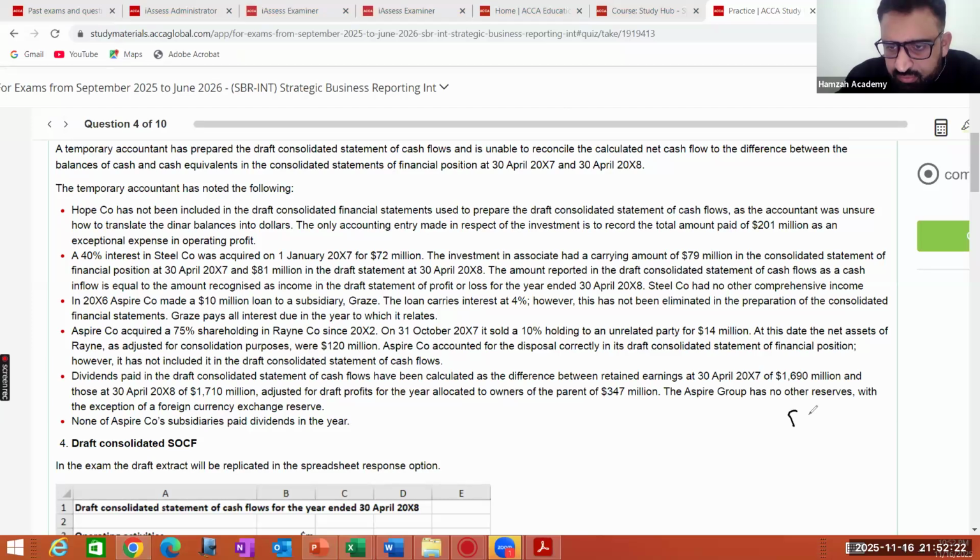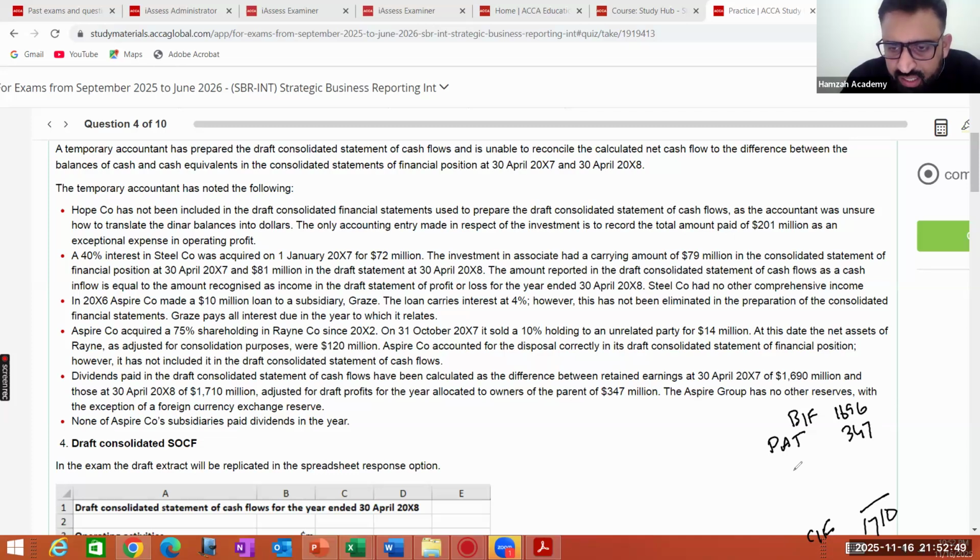The balance brought forward of retained earnings was 1690 and the closing balance of retained earnings was 1710. The profit after tax they have considered for the group share is 347.